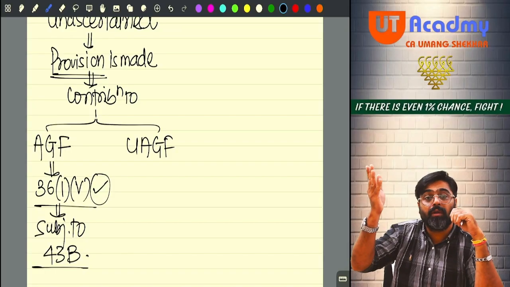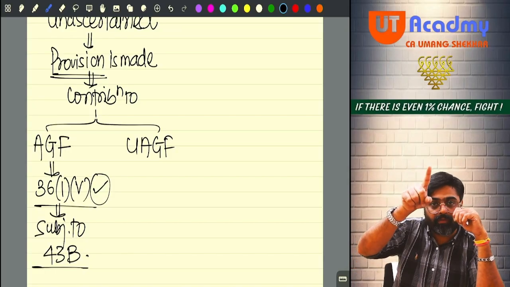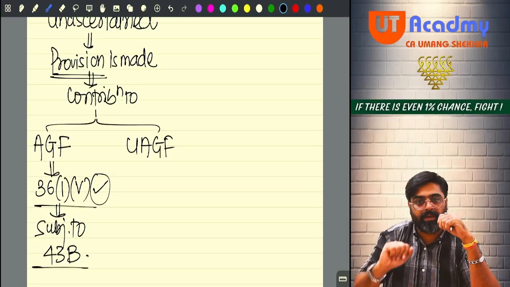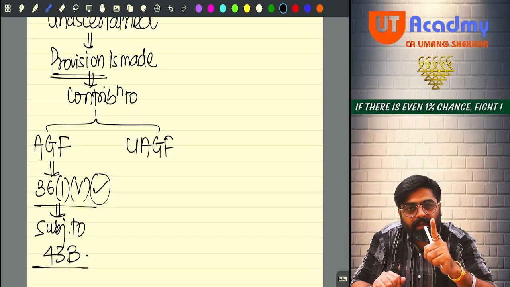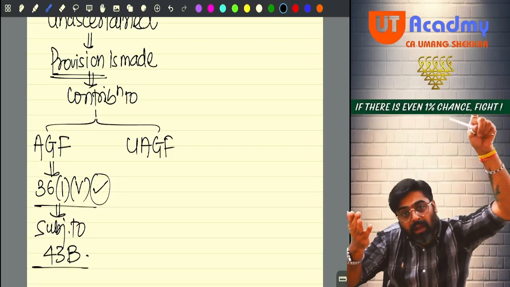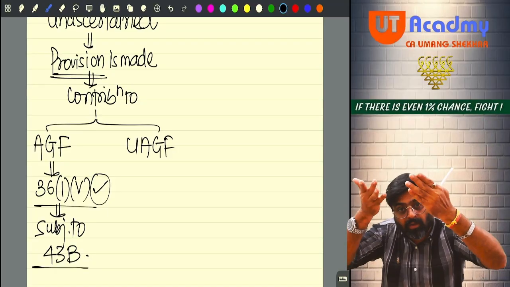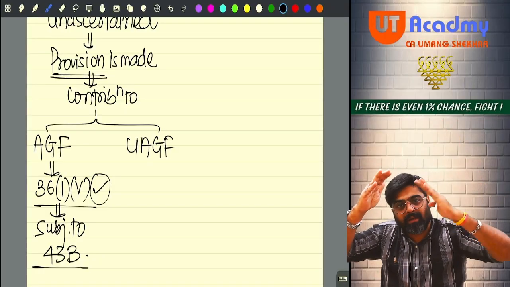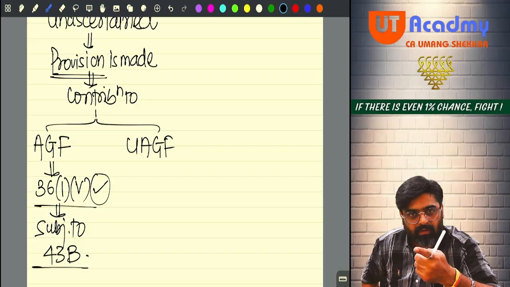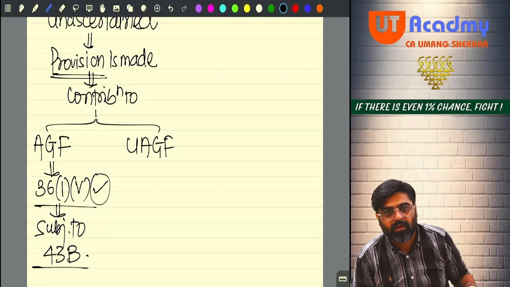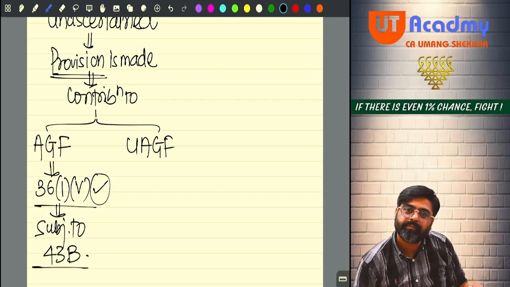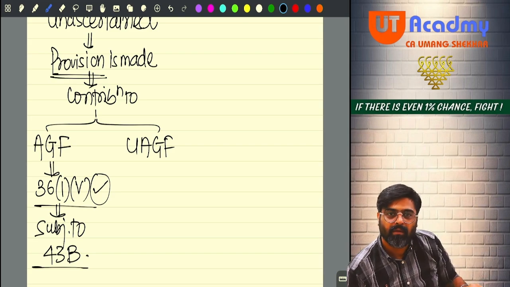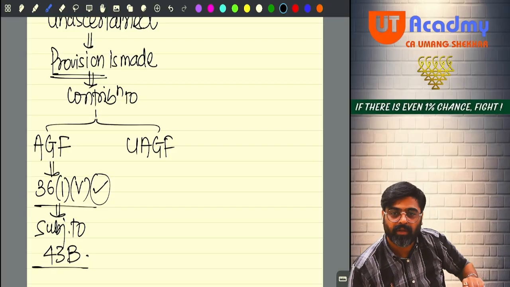So instead of contribution to approved gratuity fund, if it is contribution to unapproved gratuity fund, and that amount was debited, and just imagine if that amount is allowed as a deduction, not added to this year's profit, meaning I'm already taking a deduction of 5 lakhs right now. Now later on, whenever my employees will retire, will I give them gratuity?